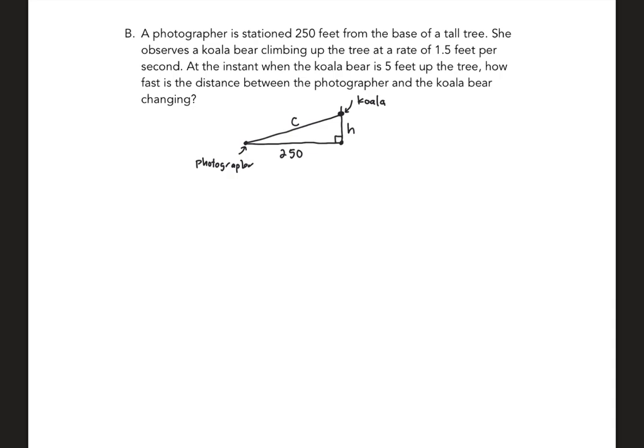Okay, so they say she observes a koala climbing up a tree. So a koala bear is climbing up a tree at a rate of 1.5 feet per second. In this case, when the koala is climbing up this tree, h is changing. So that's dh/dt that we're given. And that's 1.5. That's positive because as the koala climbs, h is increasing.